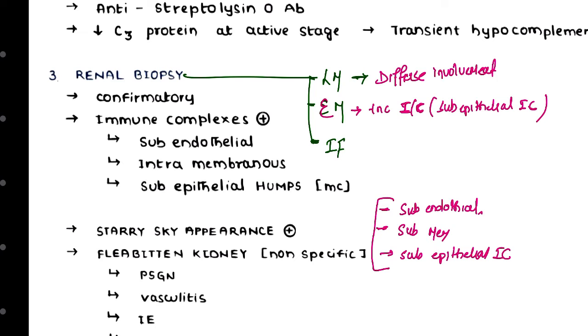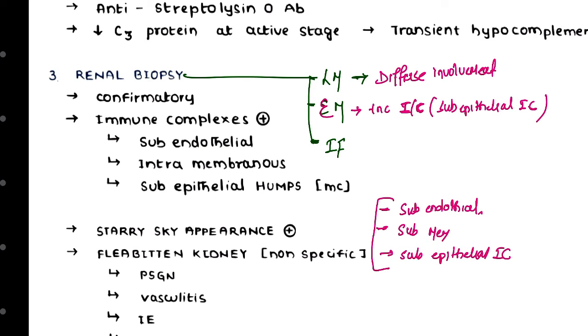Now out of these, we said there is presence of immunocomplex mainly of the subepithelial immune complex type, that means just above the podocytes. There is presence in the region of endothelium and the submembranous space also, but relatively we will find maximum in the subepithelial region. Why?